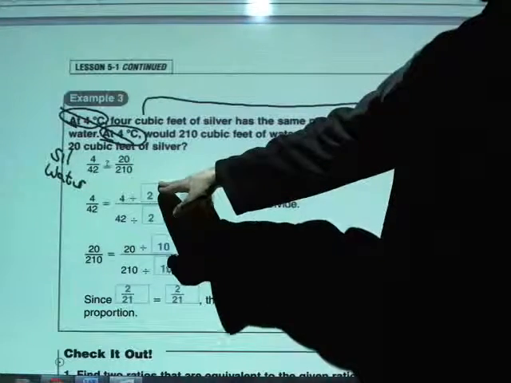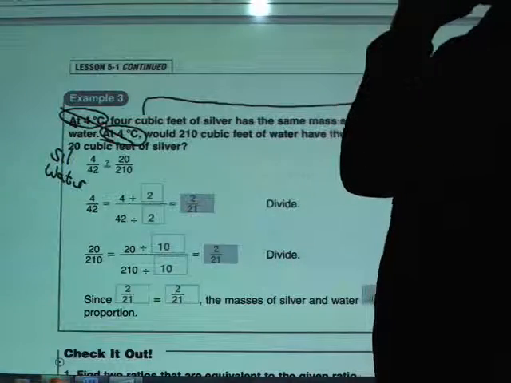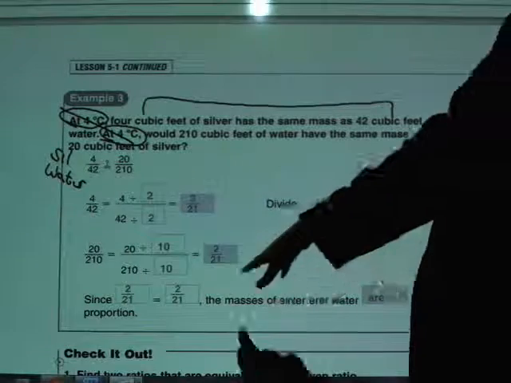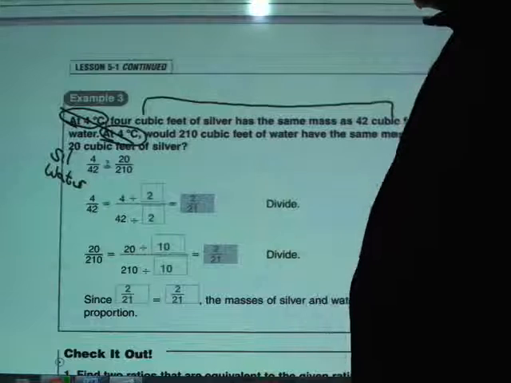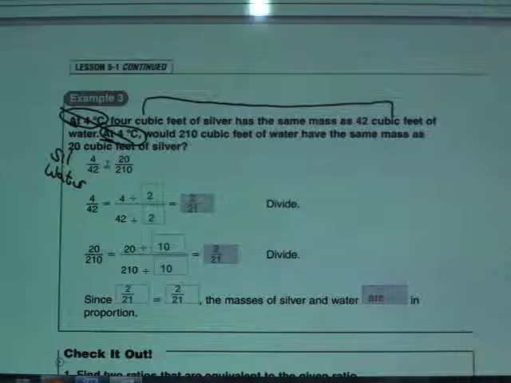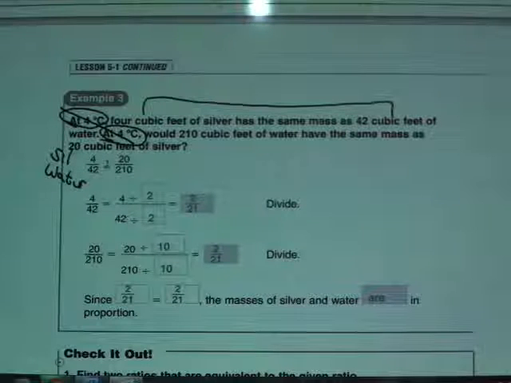And again, when I'm saying I'm chopping 2 out, I'm doing the same to the numerator and the denominator. With 20 over 210, I'm taking 10 out, again both to the numerator and denominator, and I get 2 over 21. Since those are both 2 over 21, that shows they are proportional, and the masses of silver and water then are in proportion.